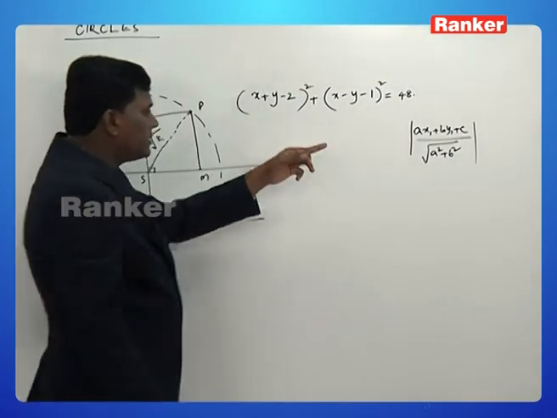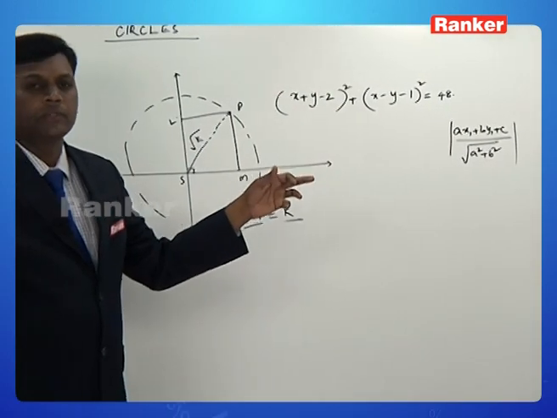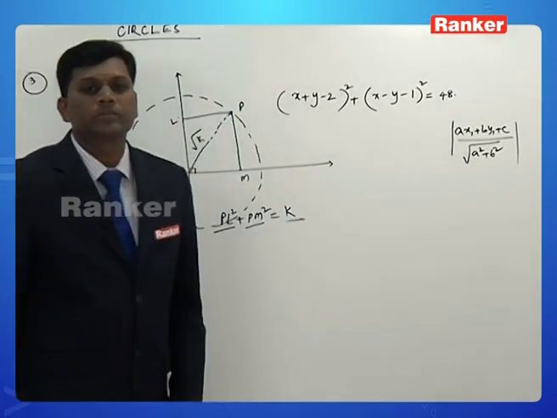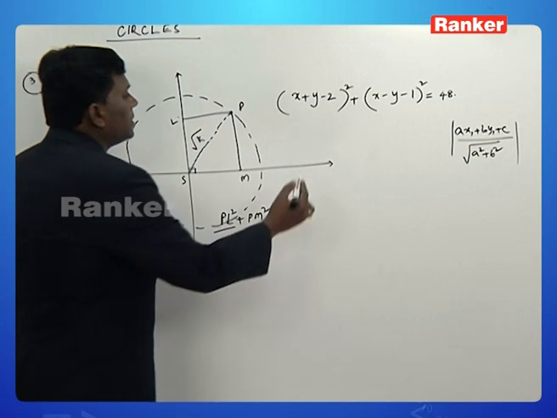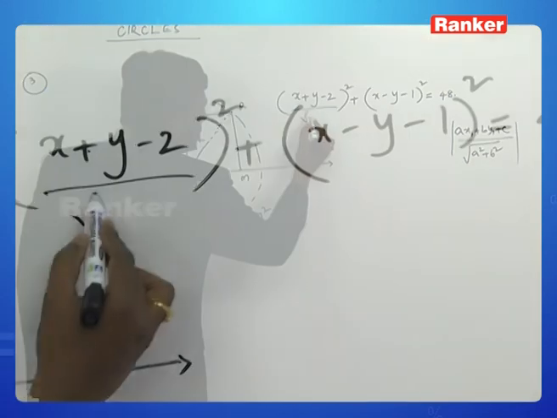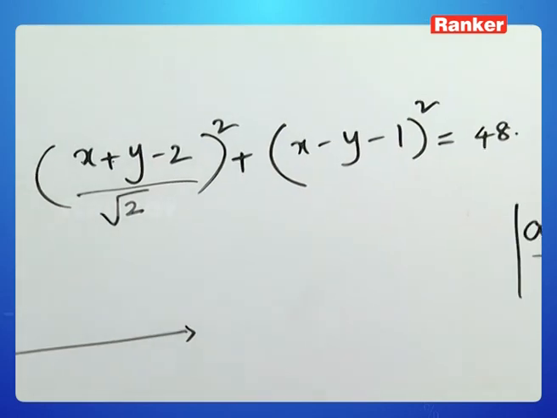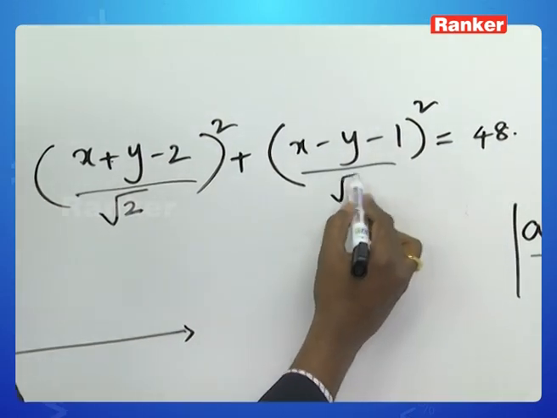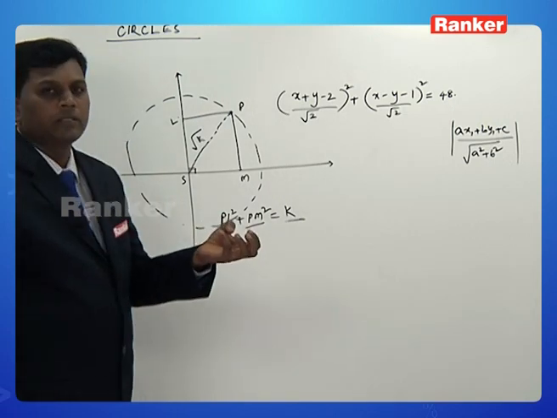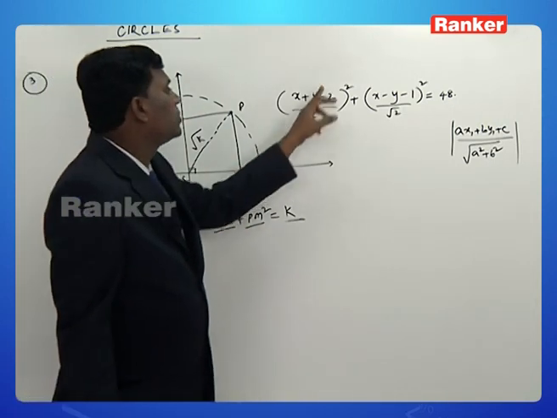To write this in that standard form, we additionally require the denominator part, root of a square plus b square. Here, root of 1 square plus 1 square is root 2. Here also root 2. So in this equation we are just missing the denominator part, root 2 whole square.